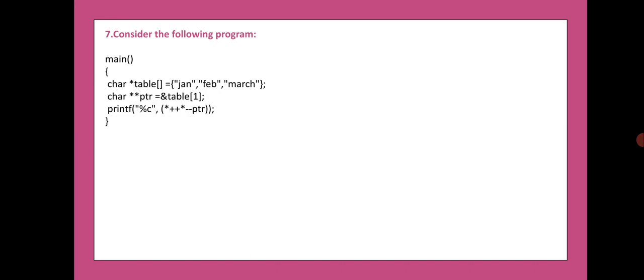Here we are specifying table[1]. So printf %c, pointer pre-increment operator, pointer pre-decrement operator, and the variable name is ptr. What would be the output of this program?